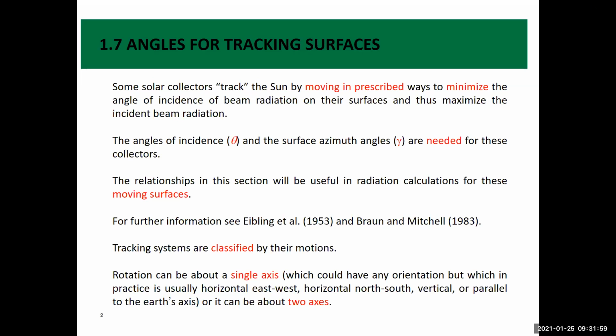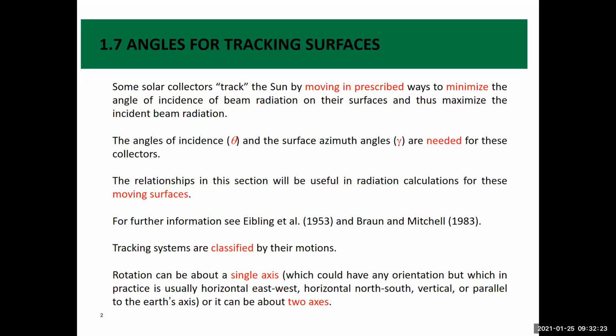The tracking systems are classified by whether they are single-axis tracking, as I mentioned, moving with respect to a horizontal east-west axis, a horizontal north-south axis, a vertical axis, or an axis parallel to the Earth's rotation axis.